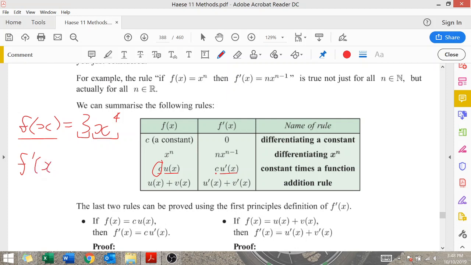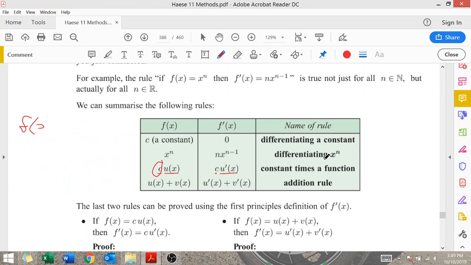So then f dash x is going to equal our 3, stays out the front, times by the derivative of x to the power of 4. So times by the power, take the power. So again, just take 1 off of your power. And so we can simplify that answer down to 12x cubed. Simple as that. That's called constant times a function.